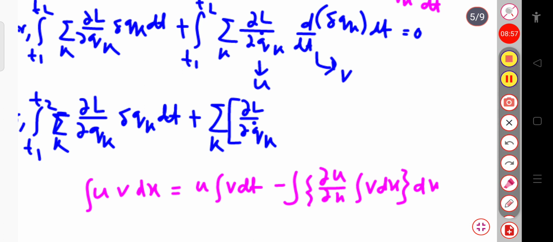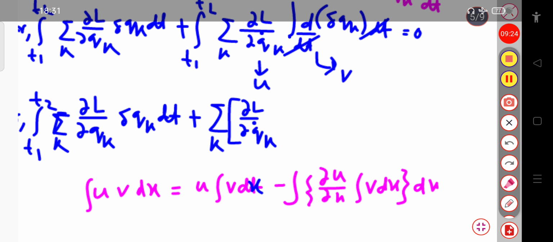Now in this case, if we apply this rule, you can see one is u, another one is v dx. Since here we are considering dt, in place of x we just write dt. This is your u, del L by del qk dot remains here, and if I take the integration of this term v, dt gets cancelled.